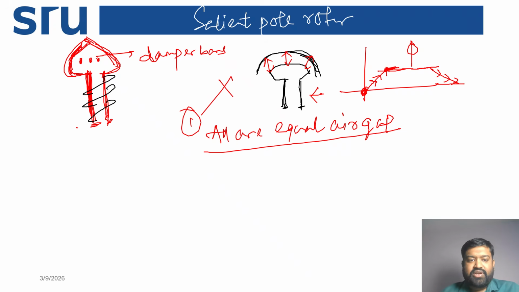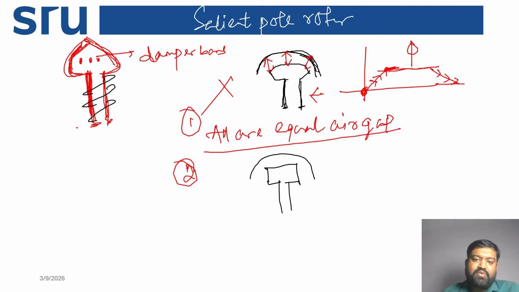Now, second condition. Suppose I use the next condition, that is, suppose this is the thing, and I use some square-like type of rotor. Then what will happen? You see, if I mark, this is the smaller air gap, this is also a smaller air gap, but this air gap is larger.